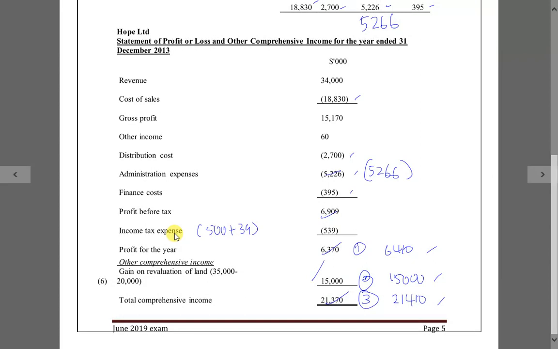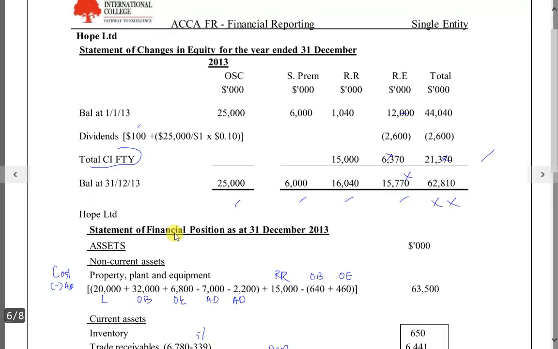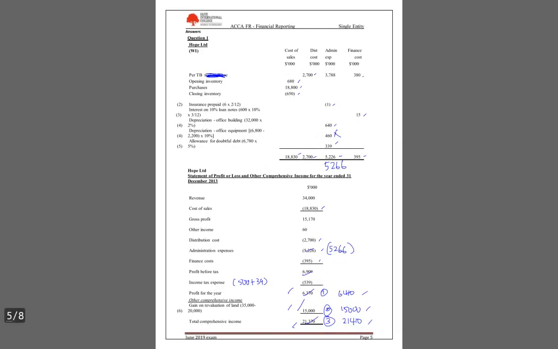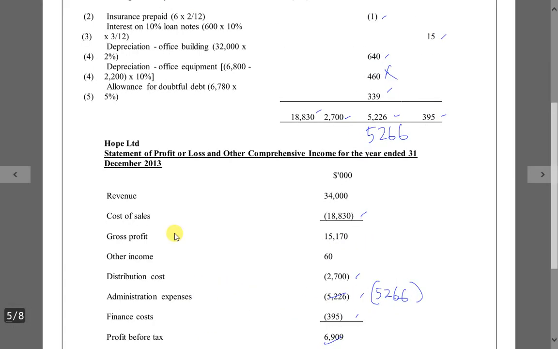Revaluation will go to OCI. So 6,000 plus 15,000, 21,000 will go to OCI, as RR. So every year when there's an excess utilization, the P&L will be 3,000. It will appear in our SPR here, let's say under admin.